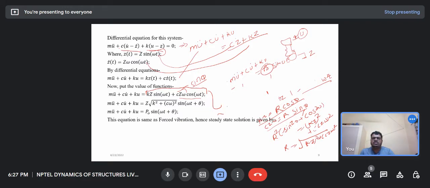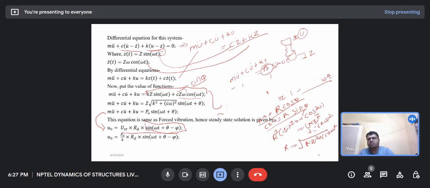For this equation, what is my response? u is equal to u naught, ust rd into sine omega t plus theta minus phi. For the absolute maximum response we consider this as 1. So what becomes my ust? ust becomes p naught by k into rd.